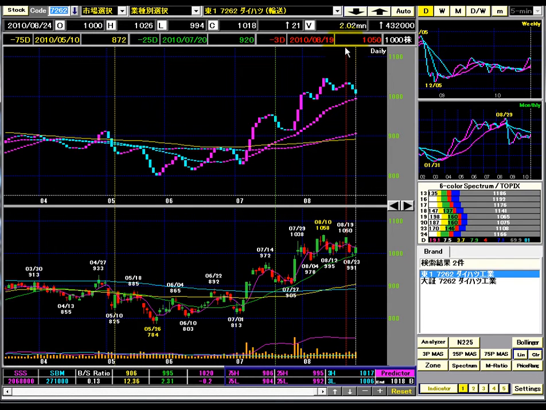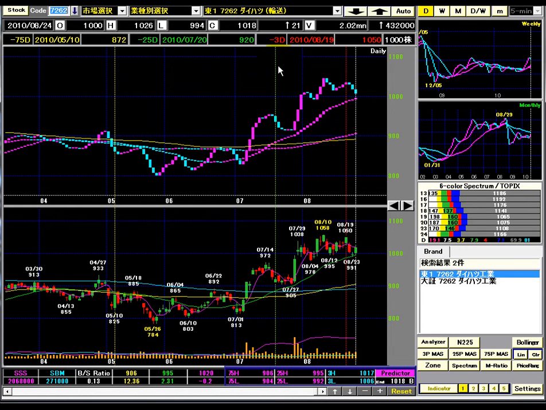The red line here is the line for the 3 days prior to the white basis line. So we have the red line being 3 days ago, this green line is 25 days ago, and the yellow line here is 75 days ago.